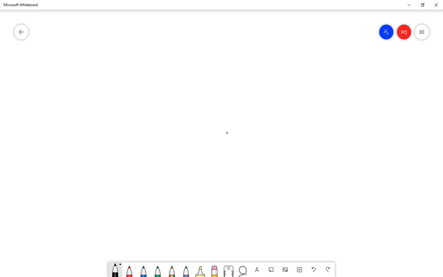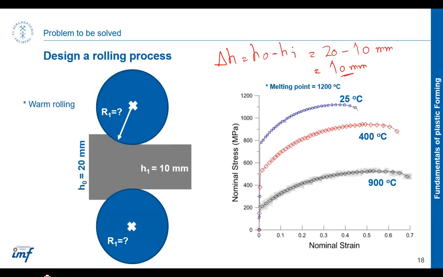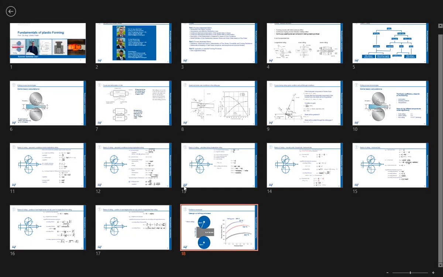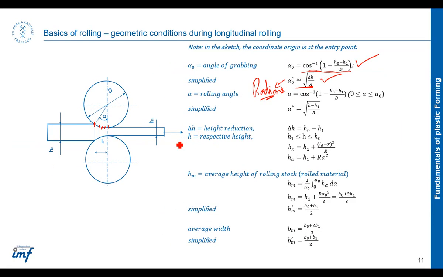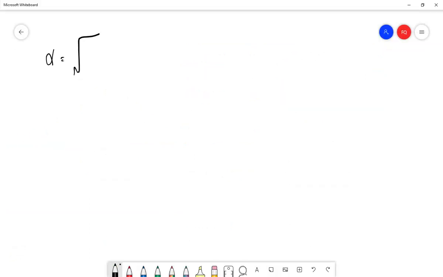So the formula is alpha is equal to the square root of delta H over R. This is something which we have to calculate, which means that we have to assume this value.